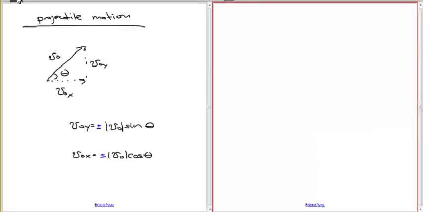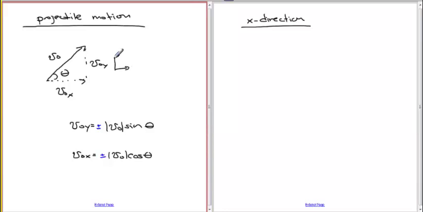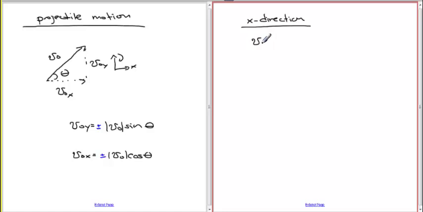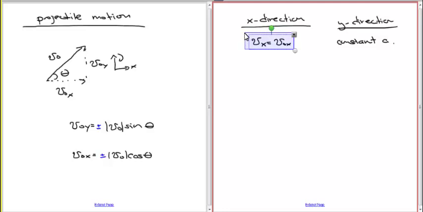Likewise, what happens is you break it up into these components, and then you have 2 directions. You have the x direction, which, because of the way we define x and y like this, vx is just the initial velocity. So the x component of the velocity doesn't change. And in the y direction, we have constant acceleration. Here we have constant velocity.